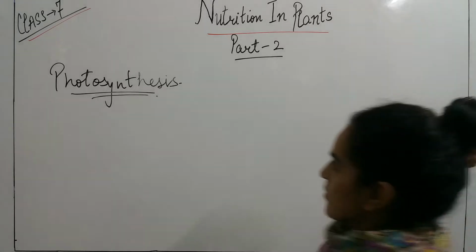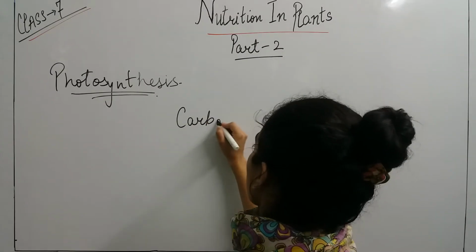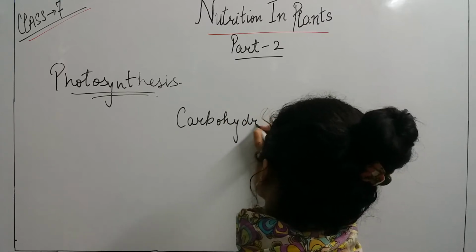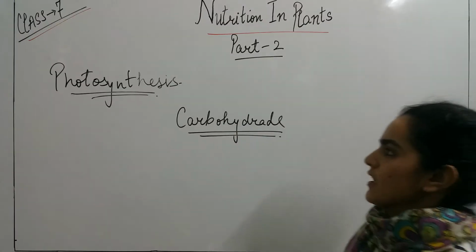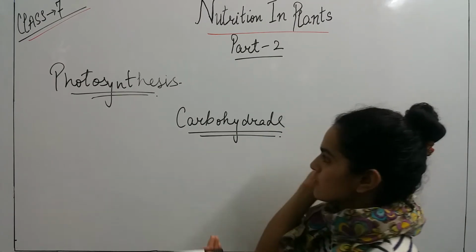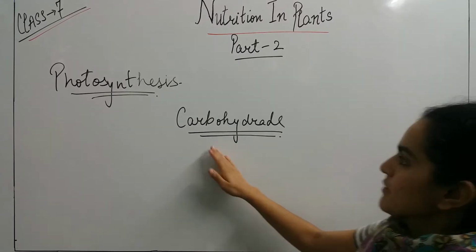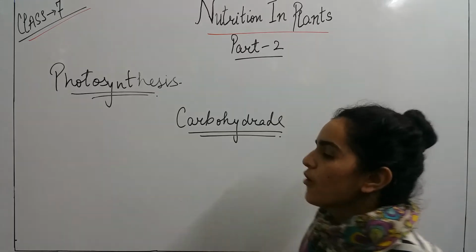Oxygen is released, but what is made? The carbohydrate is made for plant utilization. Plant जो food खाएगा, क्या prepare हो रहा है उसमें? Carbohydrate मिल रहा है. मतलब इस photosynthesis की reaction से plant is getting carbohydrate.